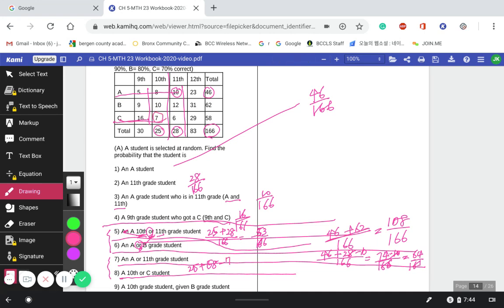And everything is in terms of 166. So 25 plus 58 is 83. And 83 minus 7 out of 166 equals 76 out of 166.